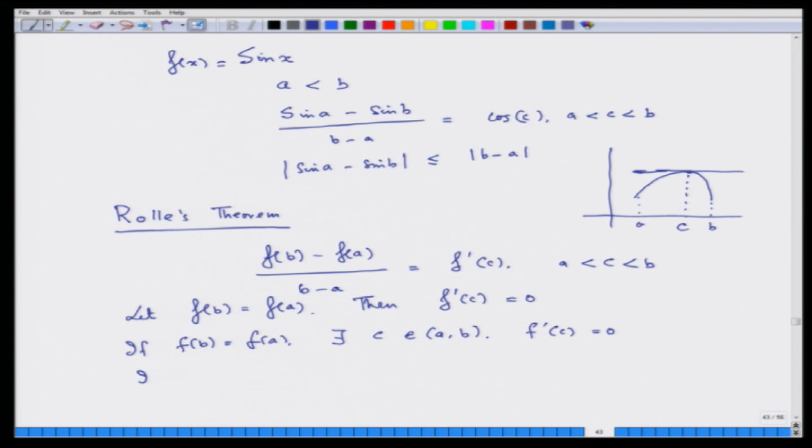Use the mean value theorem to show that if f'(x) is equal to 0 for all x in a b, then f is constant on a b. I would leave you to work on this, it is just fun. See how by simple arguments you can get fantastic ideas about the nature of functions.